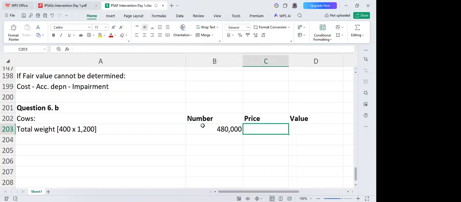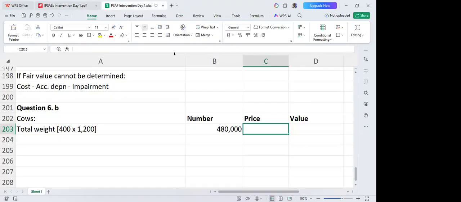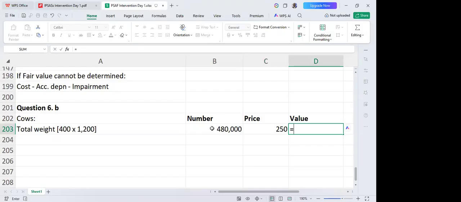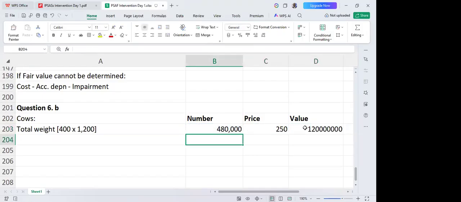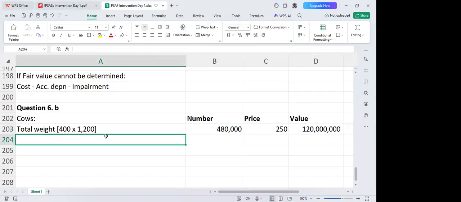Next, we bring the price. We're told that the beef can be sold for 250, so we bring 250 so that we can get a value. So that is for the cows. You are done with the cows.